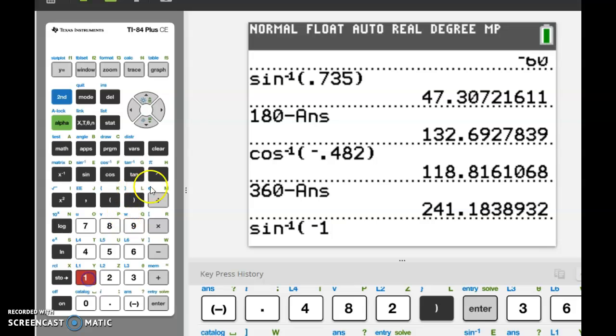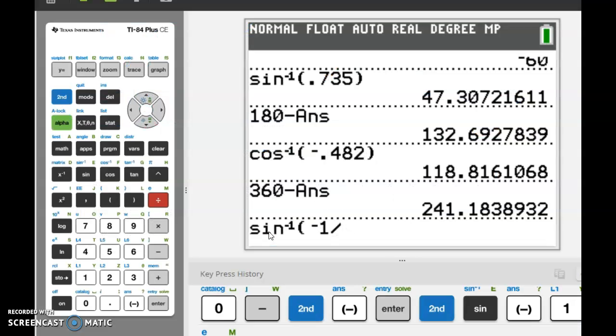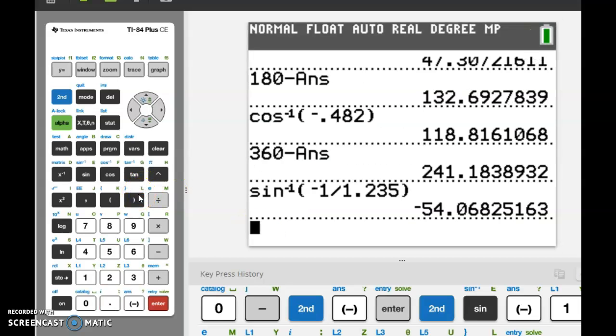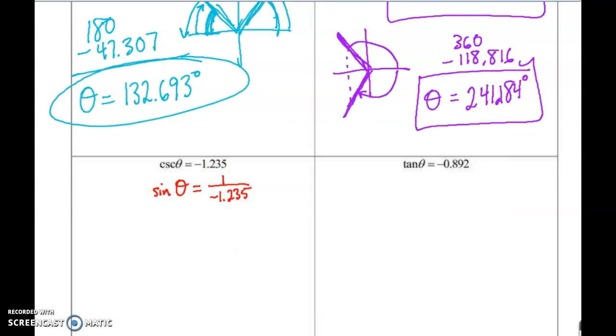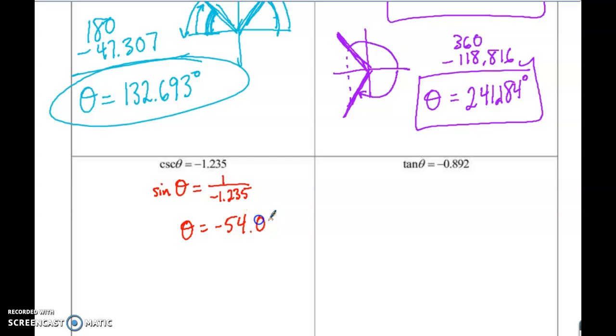It doesn't matter where you put the 1 on it. Now, that's wrong, remember? Negative 54.086. But why is that wrong?